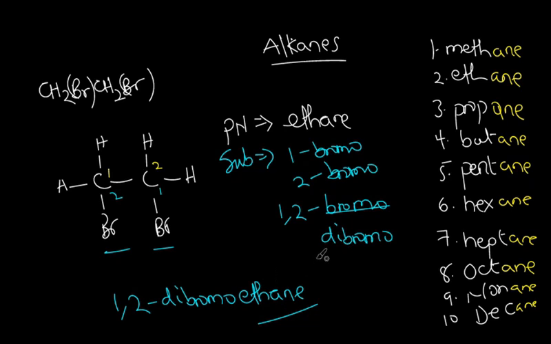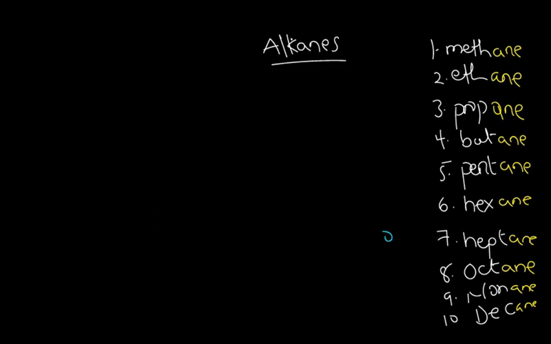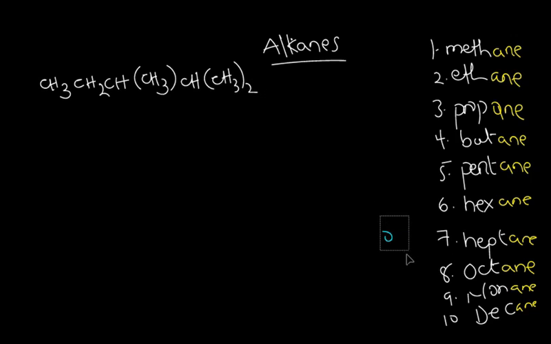So let's have a look at another example, a more sophisticated and complicated example. Okay, so let's name this one. We have CH3, CH2, CH(CH3), then we have CH(CH3)2.